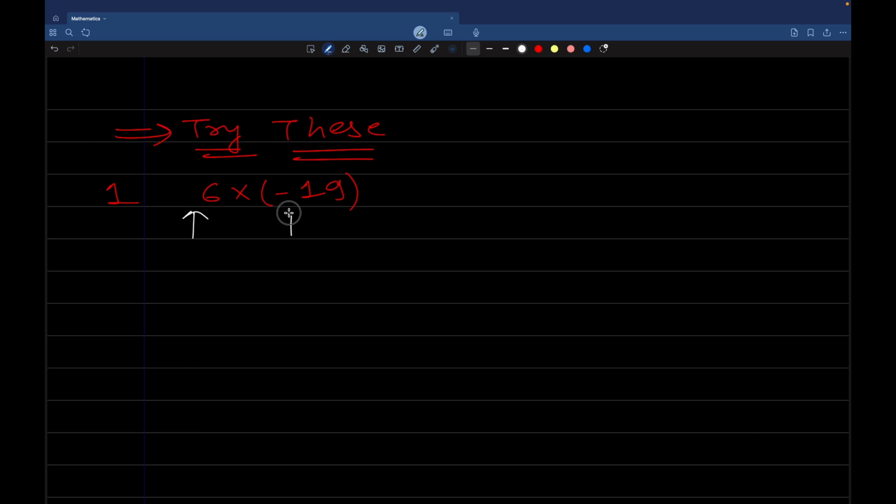We have plus into minus equals minus, and 6 into 19 is 114, so we have minus 114 as answer. Question number 2 is 12 into minus 32.